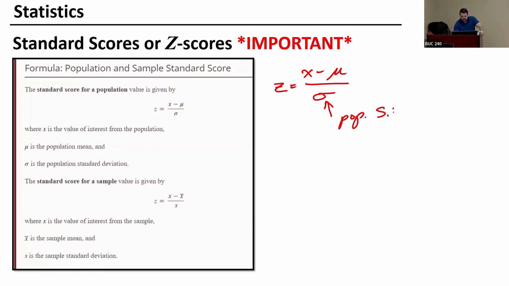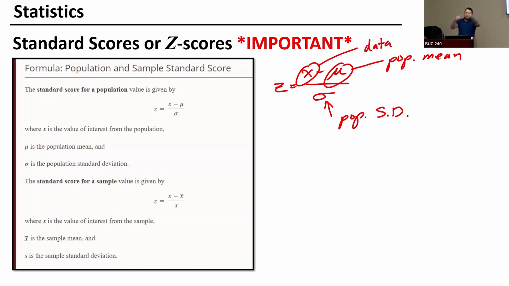Population standard deviation. This right here, population mean. This right here is what? Yeah. Exactly. That's a piece of data, okay? That right there is like some piece of data that was given to you, okay?